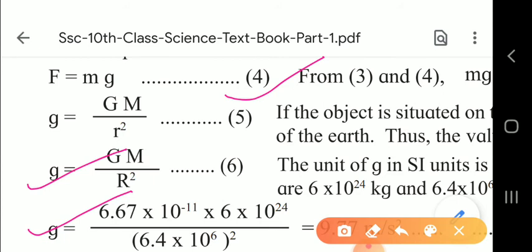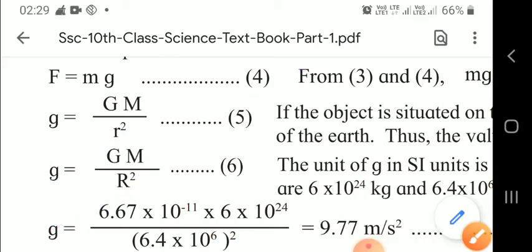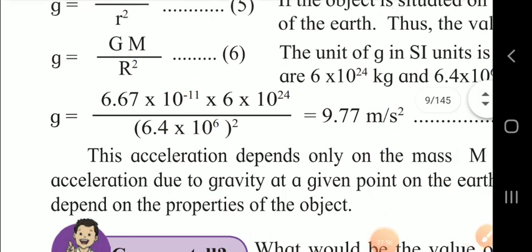Now therefore g will be equal to 6.67 into 10 raised to minus 11, into 6 into 10 raised to 24, upon 6.4 into 10 raised to 6 whole square. According to this, we will calculate here, children, it will become 9.77 meter per second square.